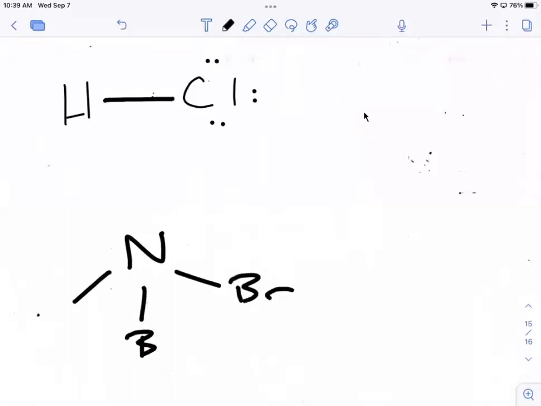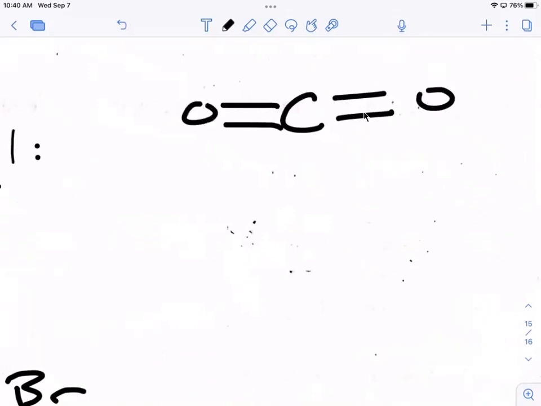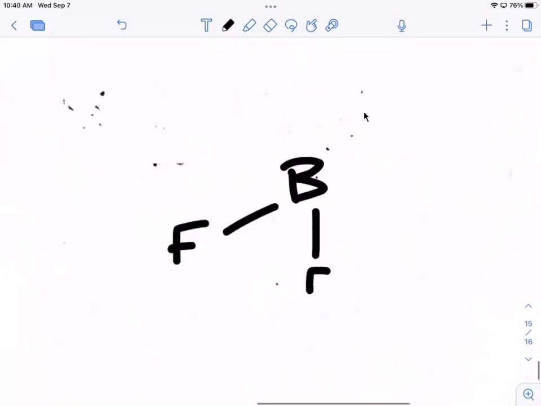We know nitrogen has that trigonal geometry. CO2, like that. And BF3, with F, F, F. This is also trigonal.